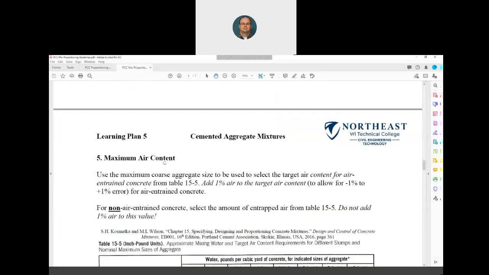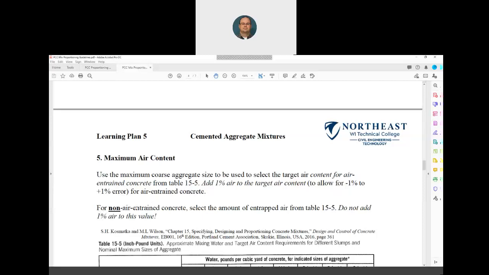Maximum air content. Use the maximum coarse aggregate size to be used to select the target air content for air-entrained concrete from table 15.5. Add 1% air to the target air content to allow for -1% to +1% air for air-entrained concrete.